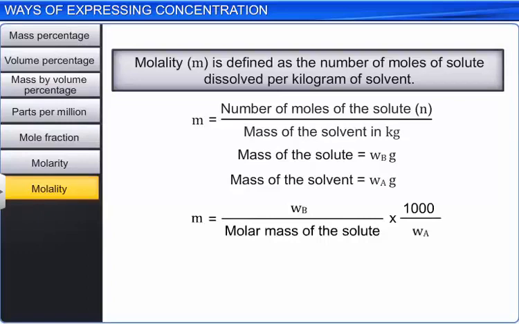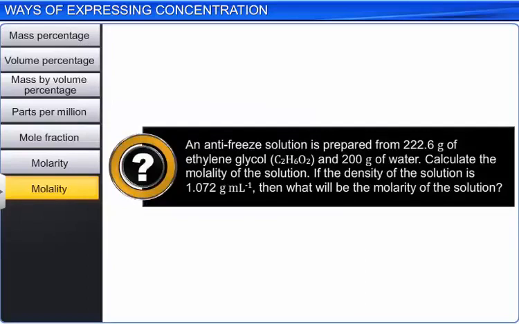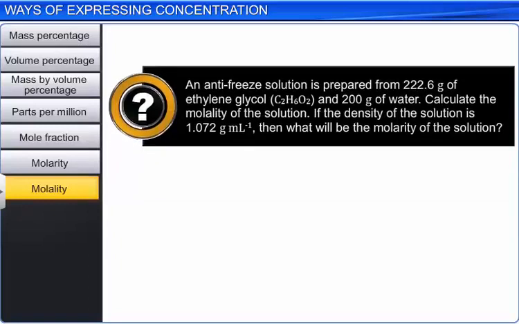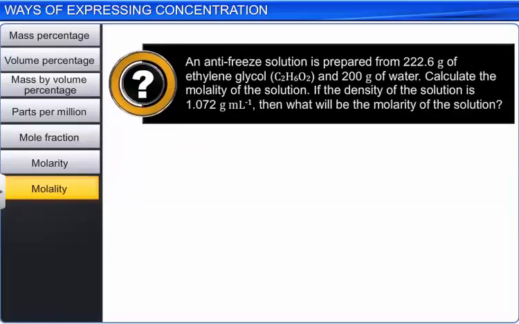Let us solve a numerical problem based on molarity and molality. An antifreeze solution is prepared from 222.6 grams of ethylene glycol, C2H6O2, and 200 grams of water. Calculate the molality of the solution. If the density of the solution is 1.072 grams per milliliter, then what will be the molarity of the solution? The first step is to list the given variables. Wb is equal to 222.6 grams.